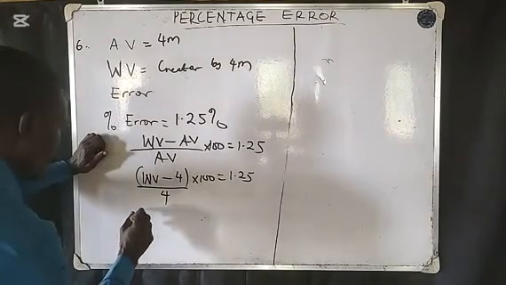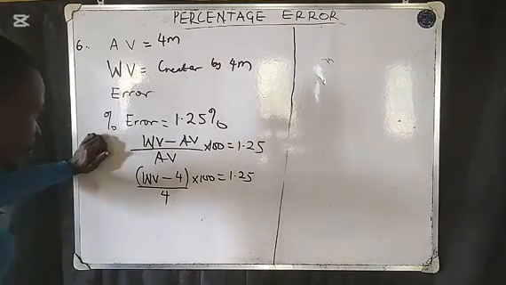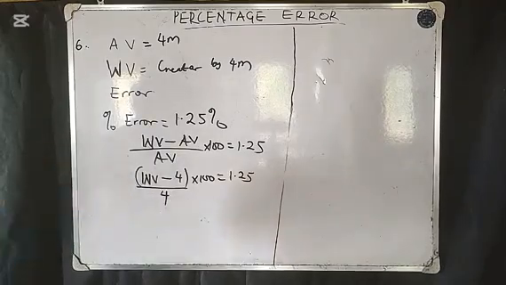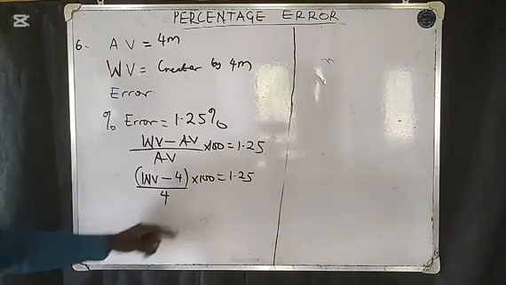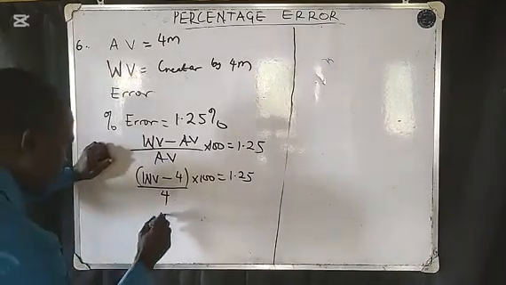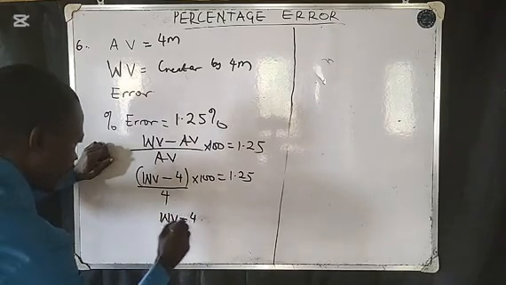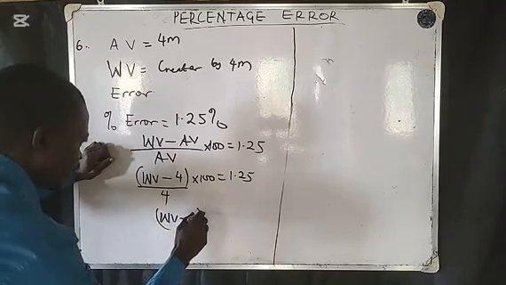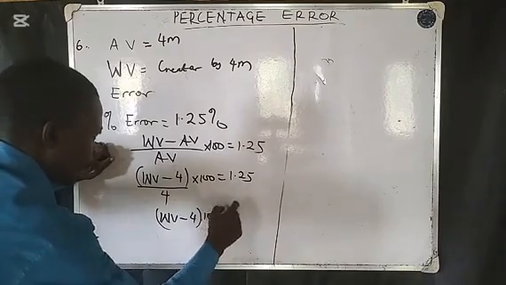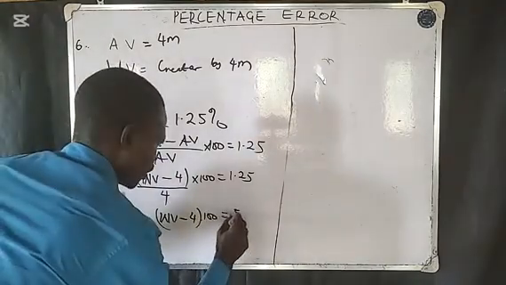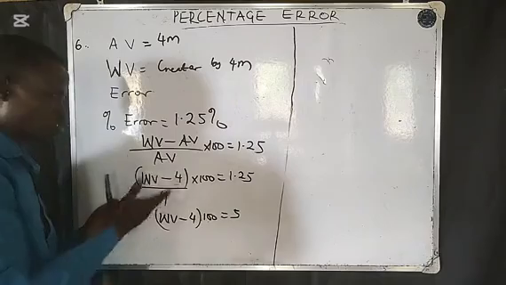So we have 100 WV, or we just clear the fraction at once. Let's multiply both sides by 4. If we multiply both sides by 4, we'll have WV here, minus 4 here, then times 100 here, and multiply by 4 on the other side, 1.25. So if you want to clear a fraction, everything on top is seen as 1.